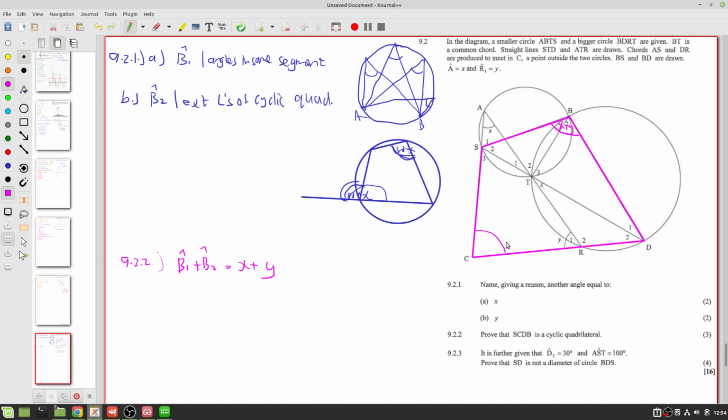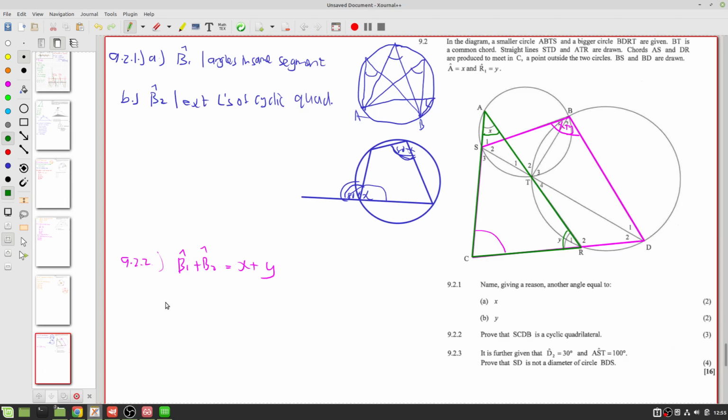What do we think? How do we think we'll find angle C? Well, I would suggest we've got a nice, very quick way. We can look at this triangle here. And what do we notice? We have one angle, we have another angle, so we can find the third one.